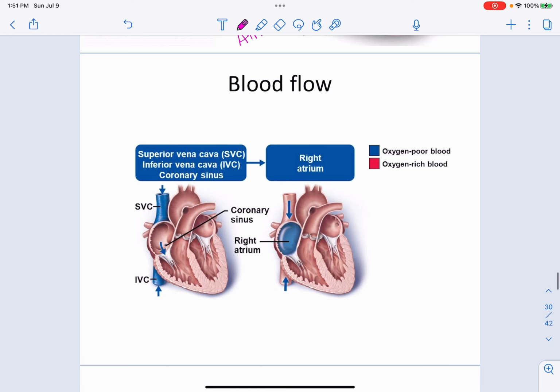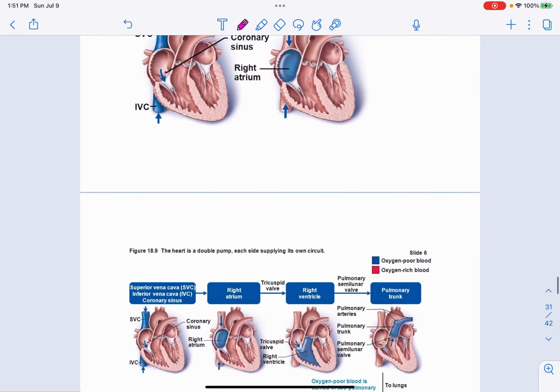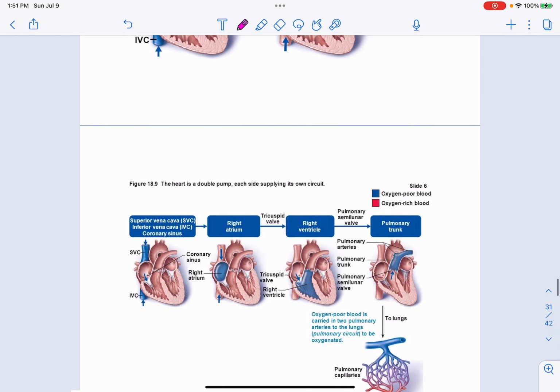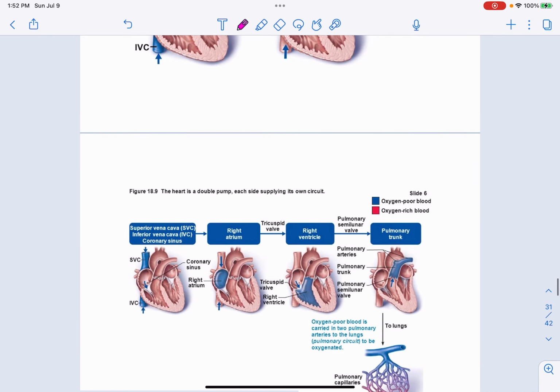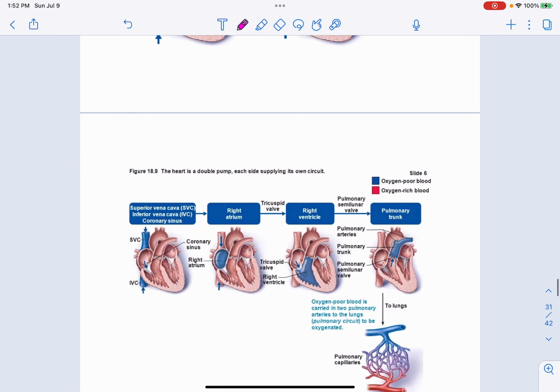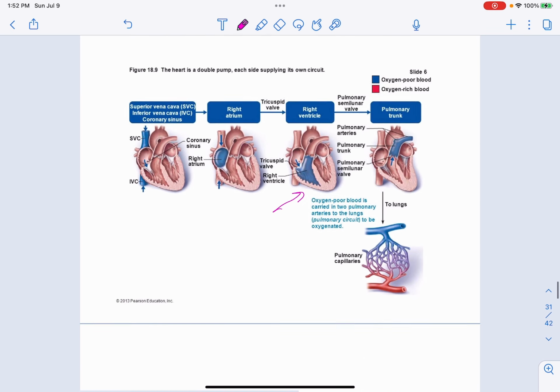So if you're having a hard time understanding how blood is flowing through the heart, these pictures give a nice presentation of how that blood is moving, starting with the superior and inferior vena cava, going to the right atrium, and it kind of just starts to show you how it's moving through the entire system.